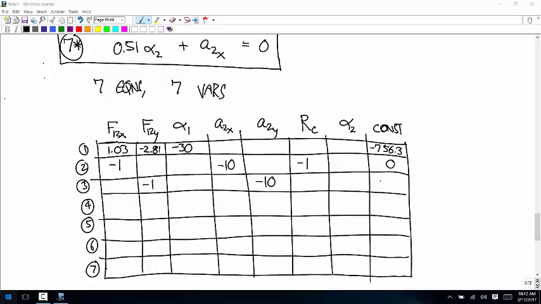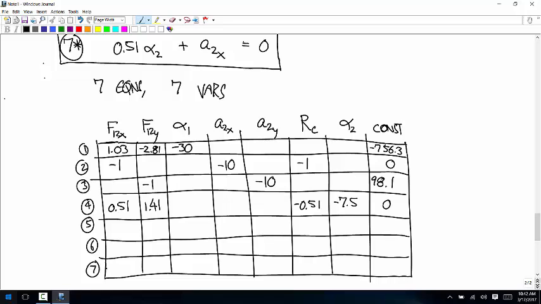And the constant is positive 98.1. Equation 4, f12x, we have 0.51. f12y, we have 1.41. rc, we have negative 0.51. Alpha 2, we have negative 7.5. And zeros.